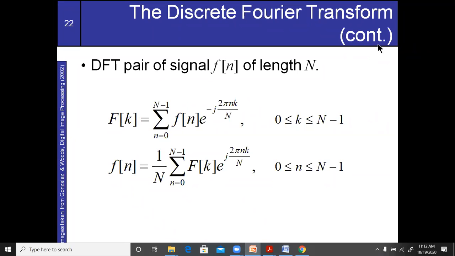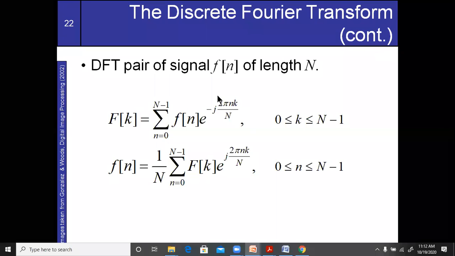So the DFT pair for a signal f[n] of length N can be written something like this. This is F[k], which is found using the DFT, and this is known as the inverse DFT.